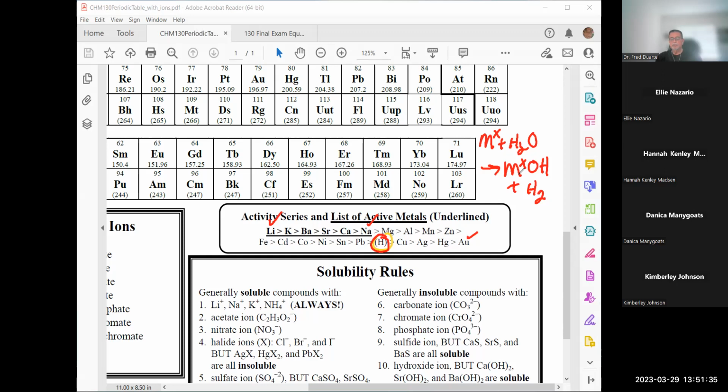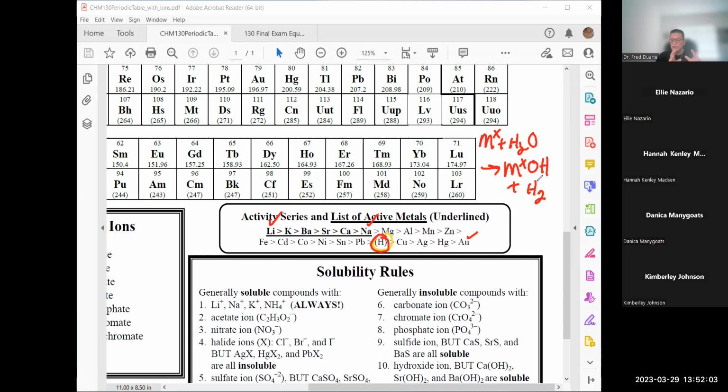And that's why they explode in water: they generate hydrogen gas and a lot of heat, and then boom, it ignites the hydrogen and gives you a little bang. But after everything's done and you check the pH, you'll find it to be alkaline because they produce a metal hydroxide compound.